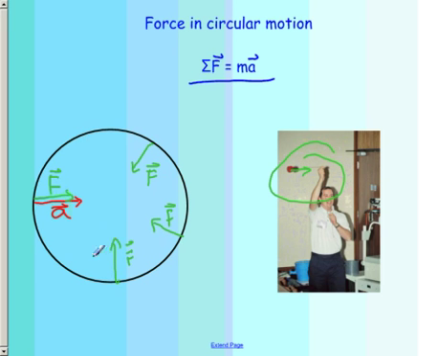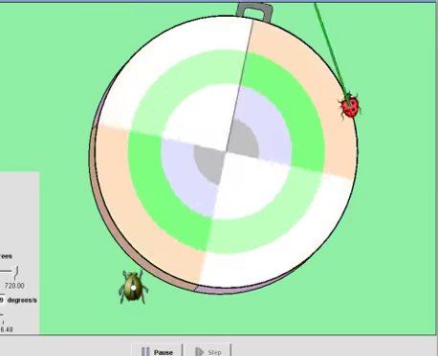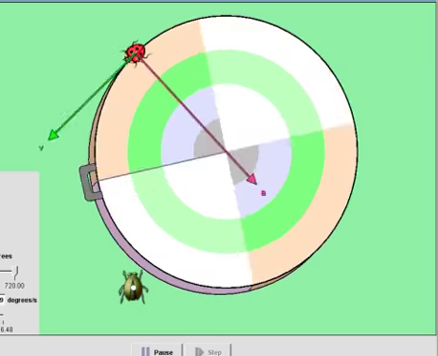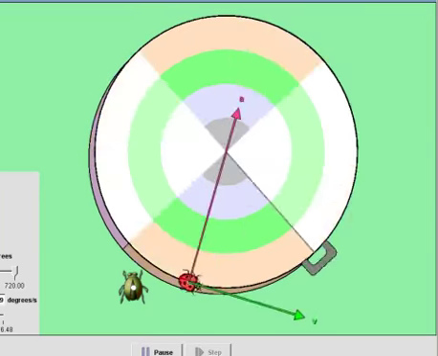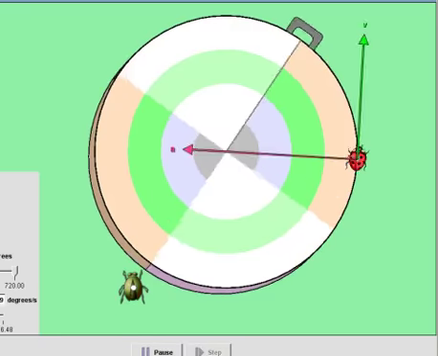Okay? All right. So let's go back to this guy here. I am going to show you now the acceleration vector. Check it out. The acceleration vector goes towards the center. All right? So the force is towards the center.